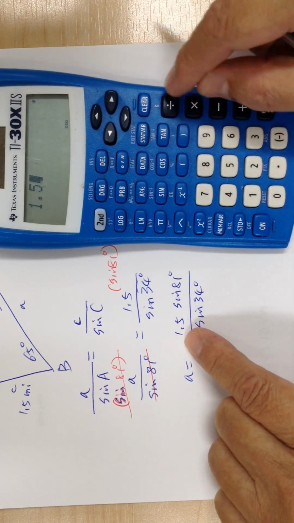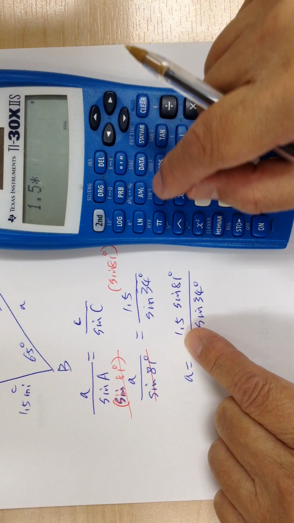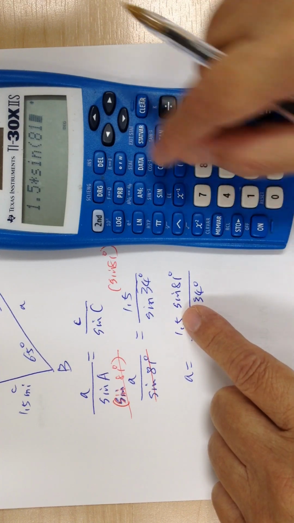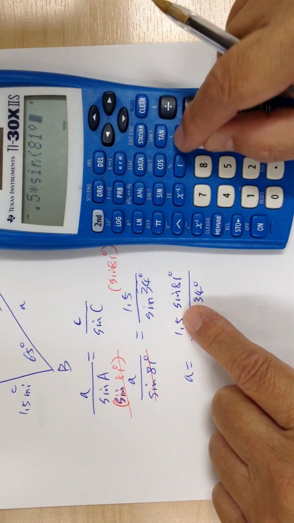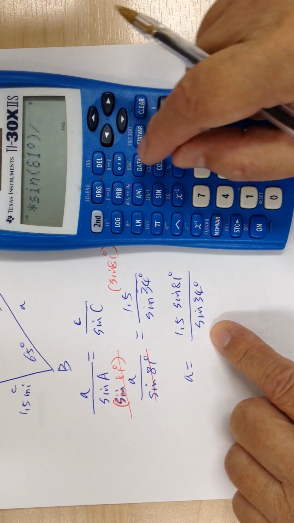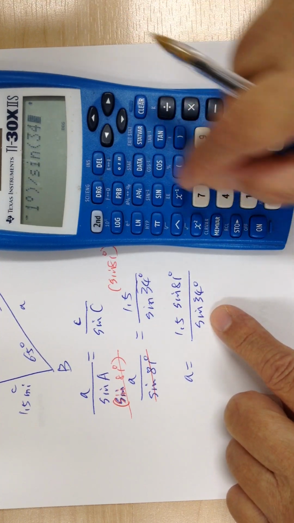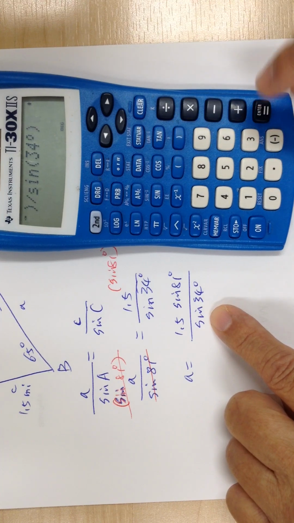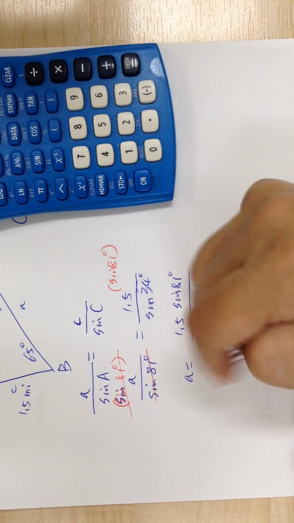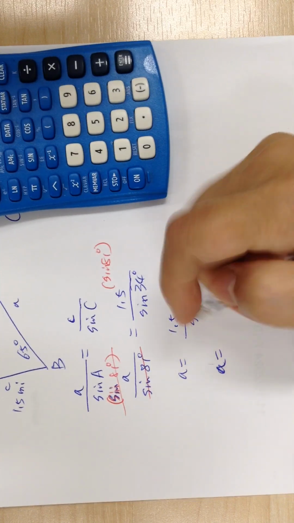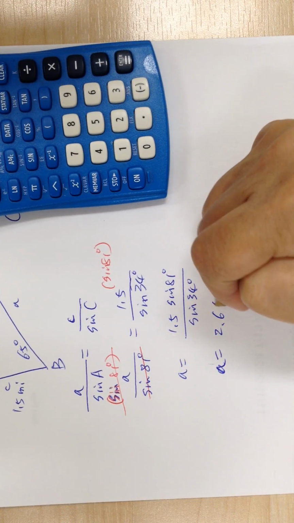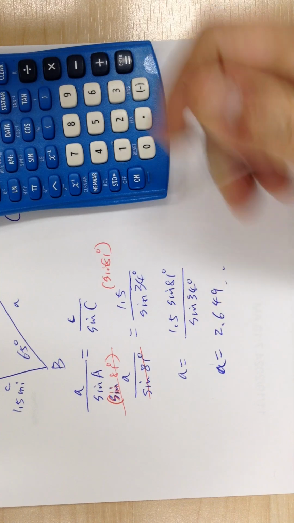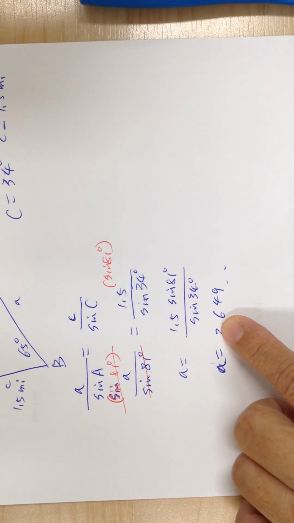So you got 1.5 times sine of 81 degrees divided by sine of 34 degrees, which equals, so A equals 2.649. I'm going to leave it at that for now.